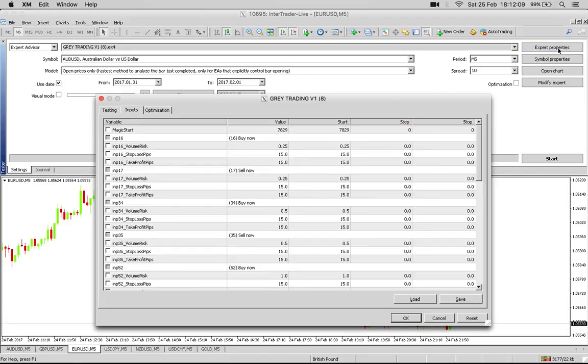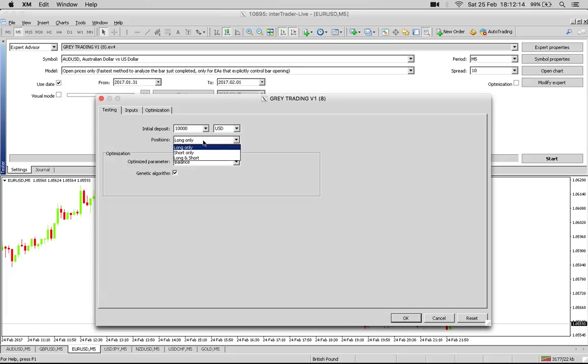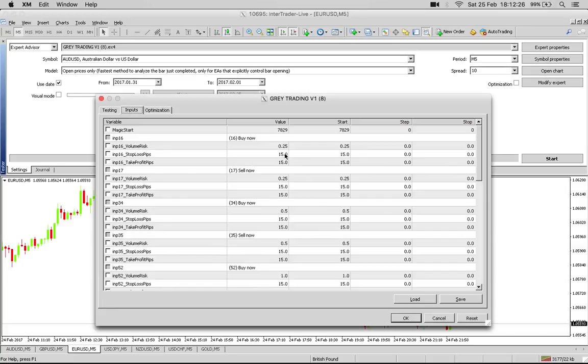Then we go to expert properties, and then testing, and we click short only, and we've got $10,000 virtual in the account. You can change that, but let's keep it at 10,000. Then we go to inputs, and where it says 0.25, that means it risks 0.25% equity on the first trade. If we've got a $10,000 account, 1% of that is $100, so 0.25% is $25.